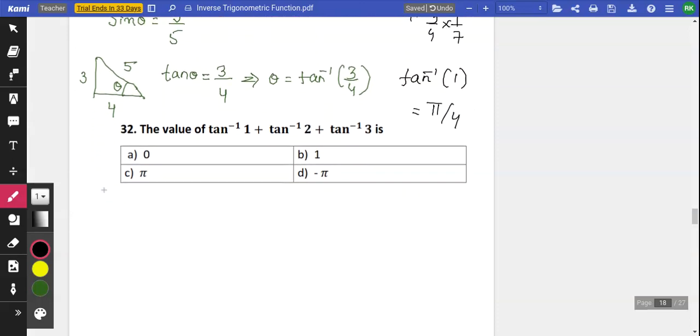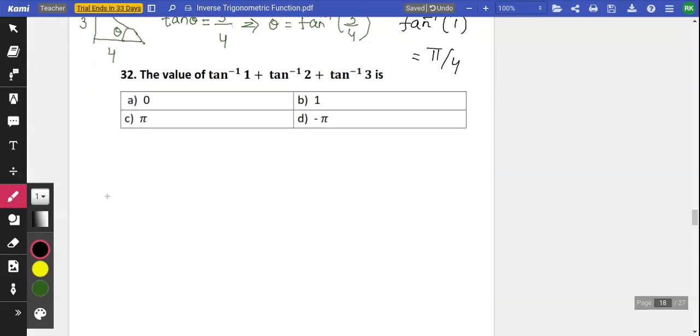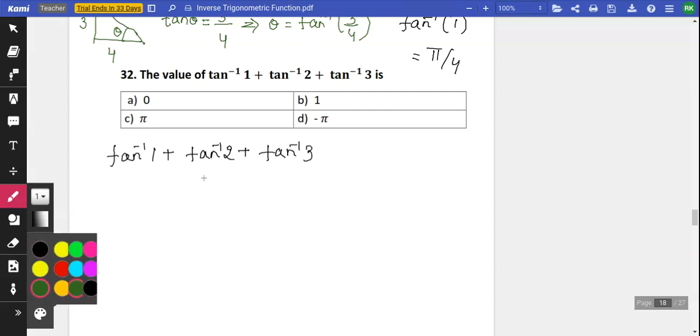In question 32, the value of tan inverse 1 plus tan inverse 2 plus tan inverse 3. Apply the same formula of tan inverse x plus y. First we apply the formula to these two terms.